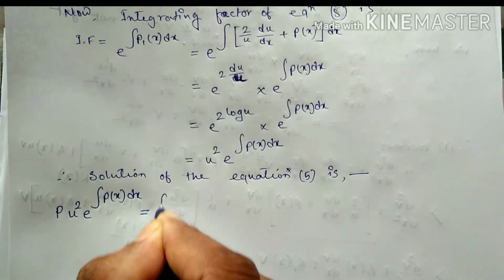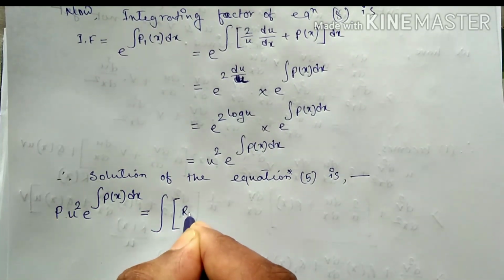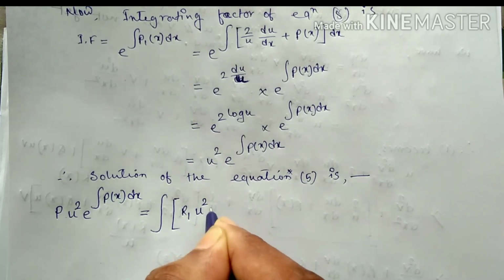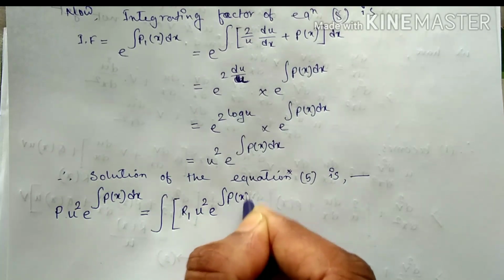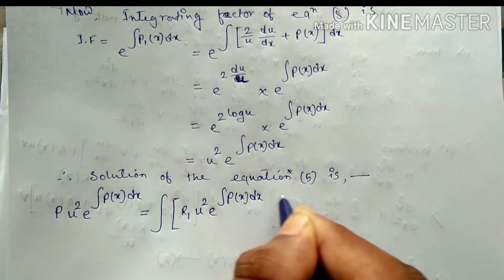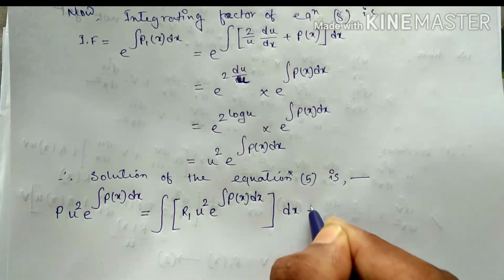This equals integration r1 u square e to the power integration p of x dx, bracket close, whole dx plus c.